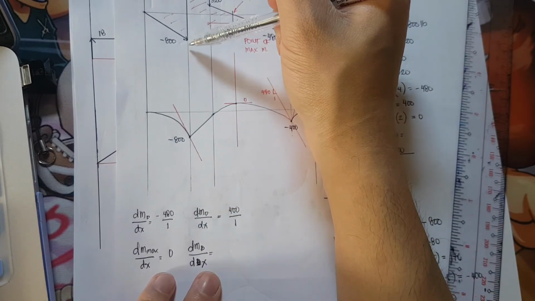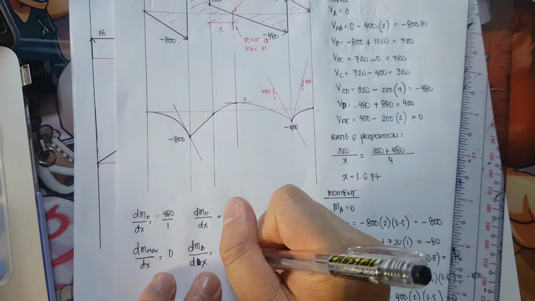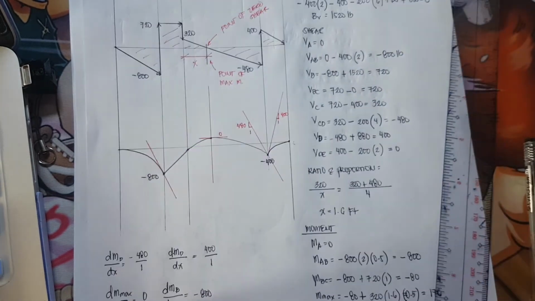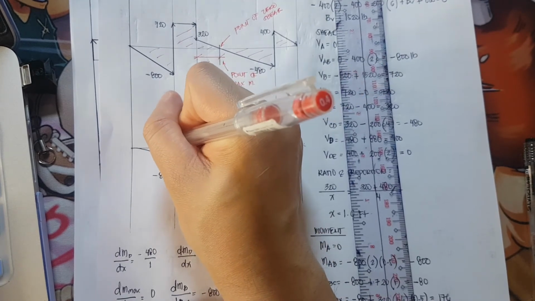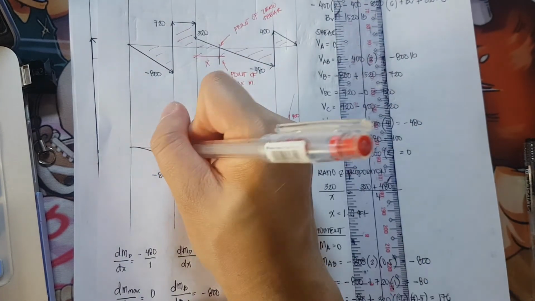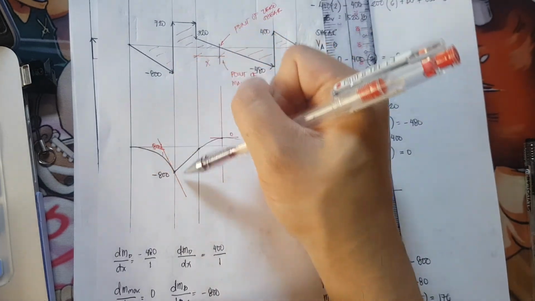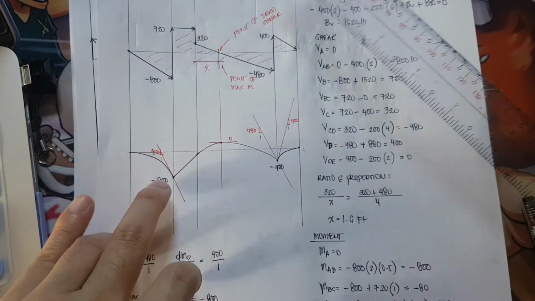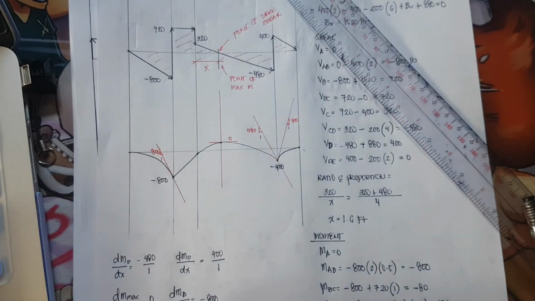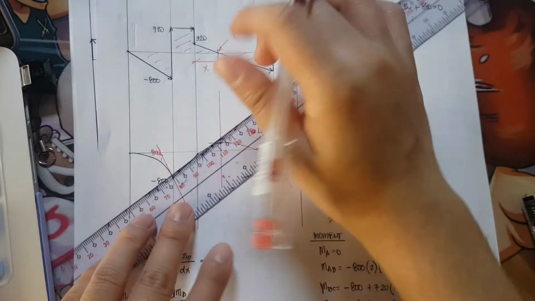and the shear here is negative 800. So the slope would look like this, 800 pointing downwards. 800 is to 1. So tama yung curve natin. Okay? And the slope natin dito is 720.